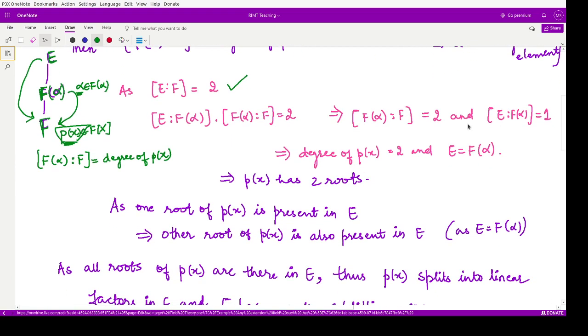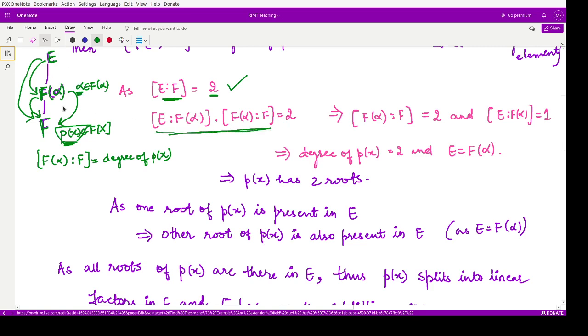So now we have this tower of extensions. The degree of E over F is given to be 2, but we can also write the degree of E over F as the degree of E over F(alpha) times the degree of F(alpha) over F, and this is equal to 2.